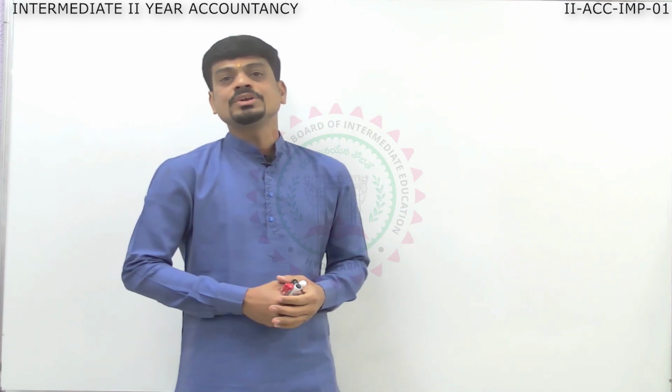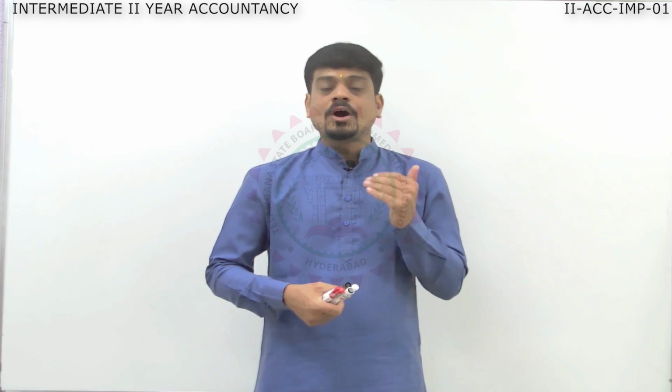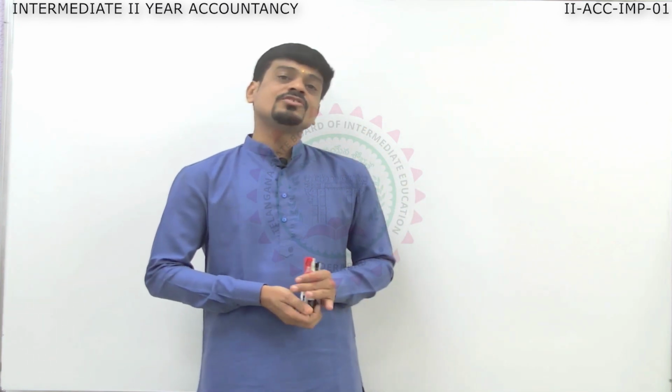questions and so on. So as you know dear students that part 2 of our commerce paper, it consists of accountancy, and this year the number of questions, that is the choice, has been increased.